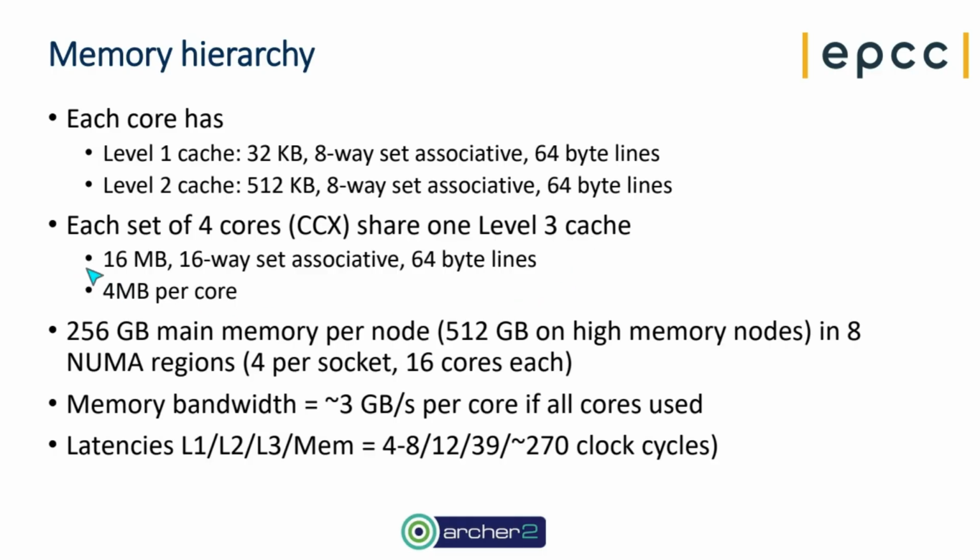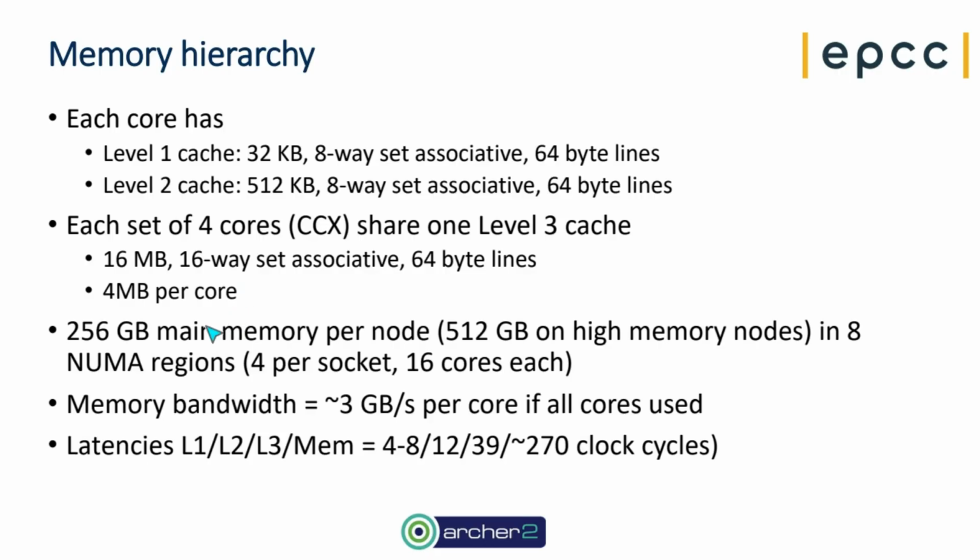That's 16 megabytes shared between the 4 cores. It's 16-way set associative and also has 64-byte lines. If you're using all 4 cores, which is what most applications do, then effectively you've got 4 megabytes of L3 cache per core.